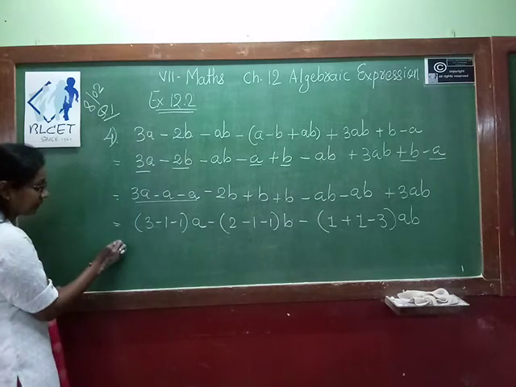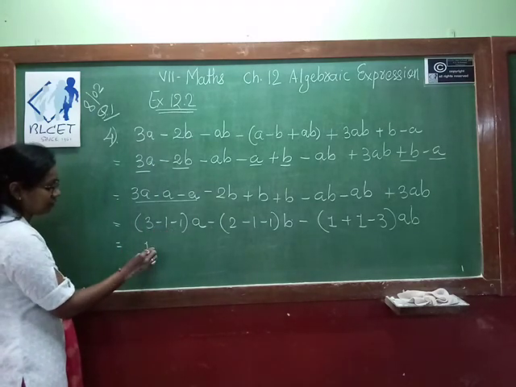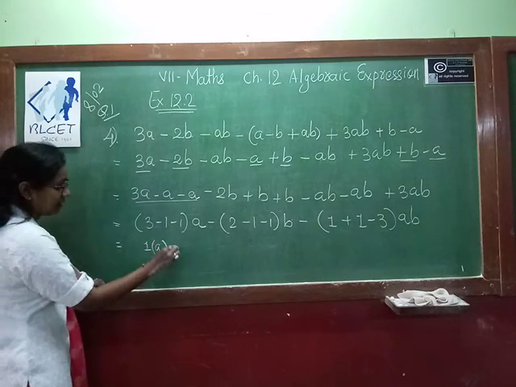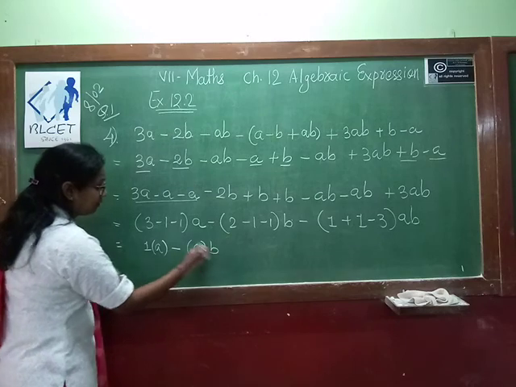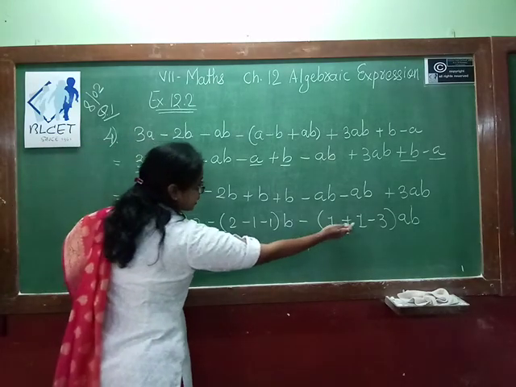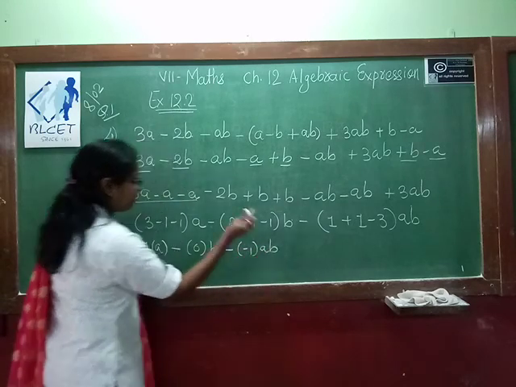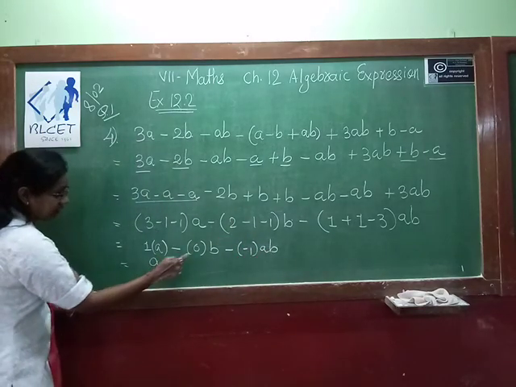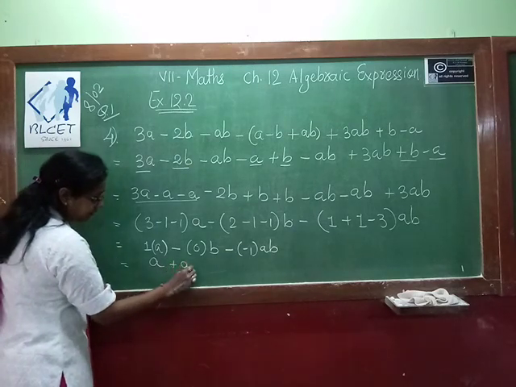Now see, 3 minus 1 is 2, 2 minus 1 will give you 1. So that is your 1 a. Minus 2 minus 1 minus 1 will give you 0 b. Minus 1 plus 1 is 2, 2 minus 3 is minus 1 ab. So what is your answer now? a, 0 into b will give you 0, minus minus plus ab.